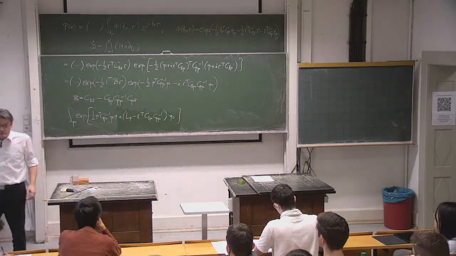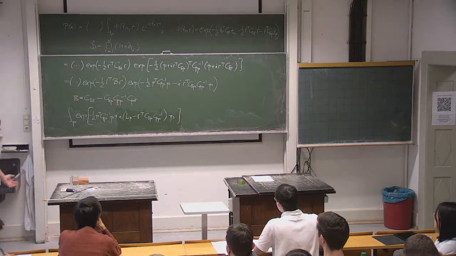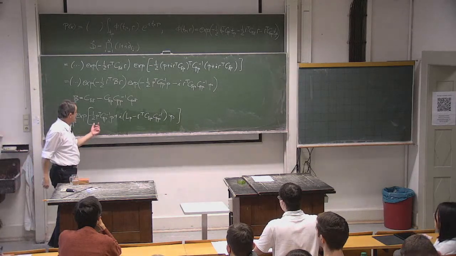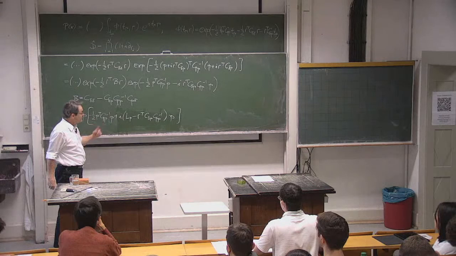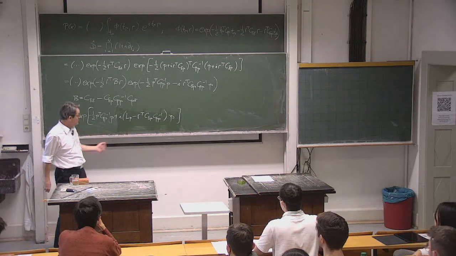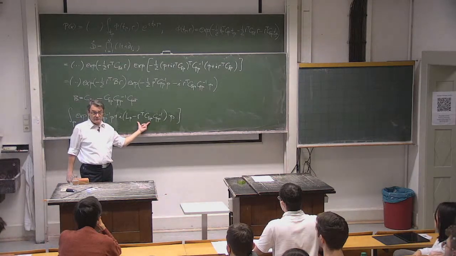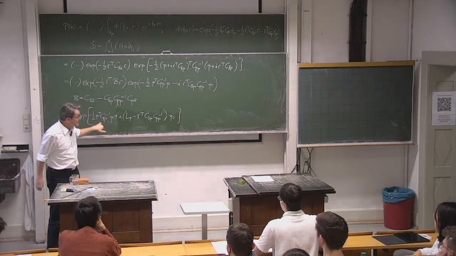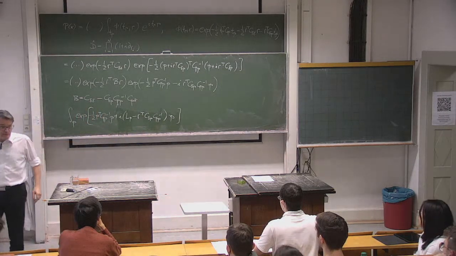And again, we just do a Gaussian integral, which does the same thing as always, right? It replaces the independent variable, the P, by this wave vector here. And it again inverts the inverted CPP.